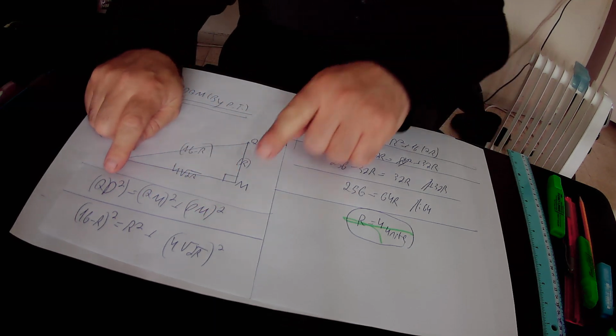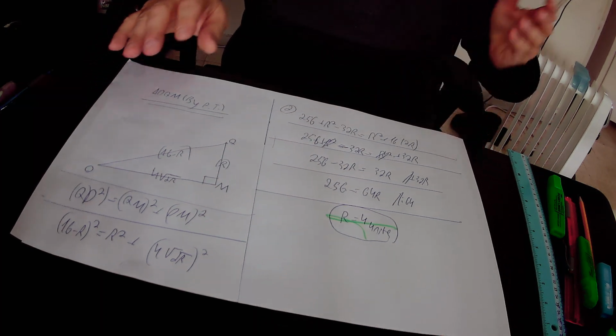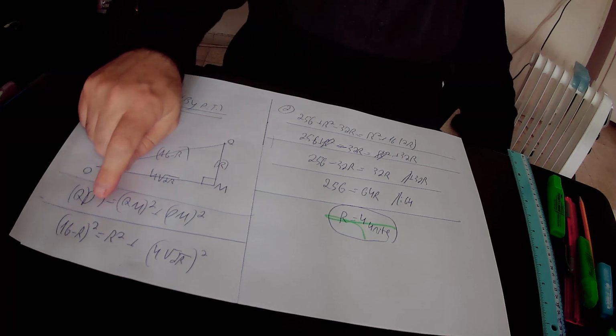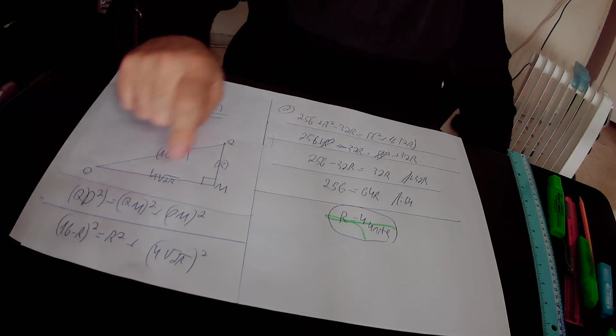We open the brackets on both sides of this equation and finally found out that (16 minus R) squared equals 16 squared, that is 256, plus r squared minus 2 times 16 times r, so it is minus 32r.